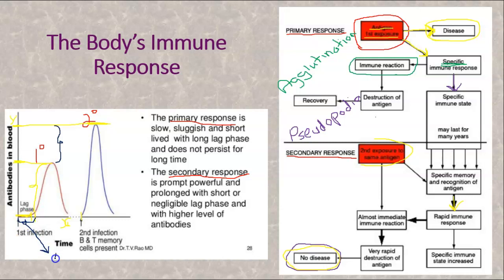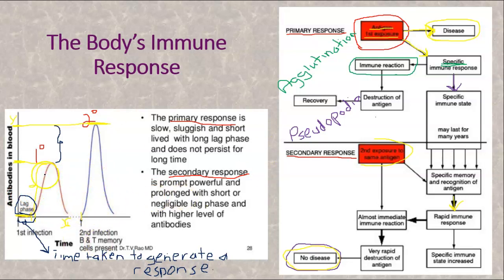Let me write it here. Time taken to generate a response. And this time taken to generate a response is called the lag phase, LAG, and that is what I am circling here.